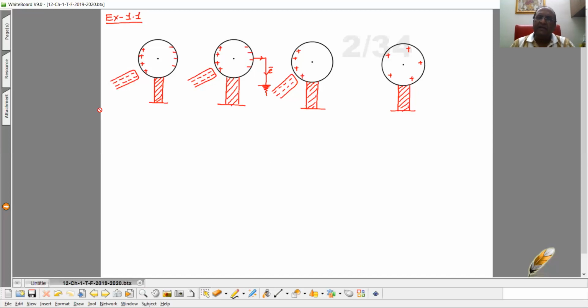In the same manner, by taking a glass rod rubbed with a silk cloth, which is positively charged, we can charge this sphere with negative charges. Clear? So this is illustration number 1.1. Clear to all of you?